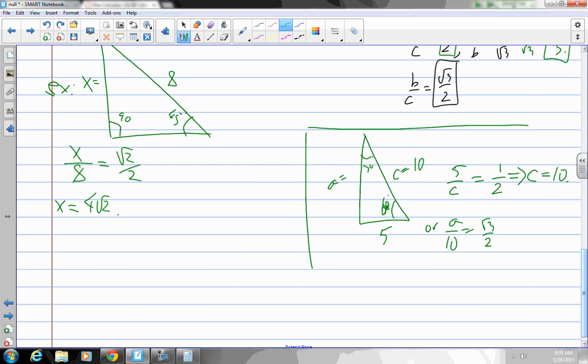The ratio of the middle side to the largest side is root 3 over 2. So, you solve for A. A equals what? 5 square roots of 3? Well, let's do the math. You just multiply by 10, right? 2 goes into 10 5 times, so it's 5 square roots of 3.